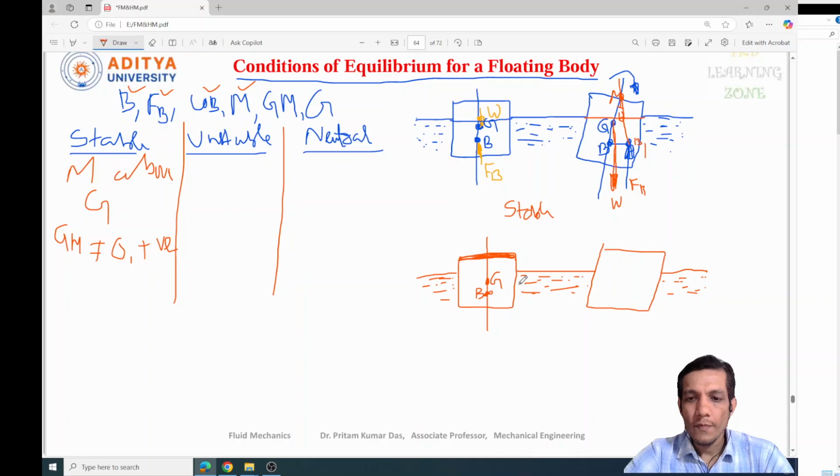Now if you slightly rotate this, it is again going to change its axis line. Let's draw this a little bit.